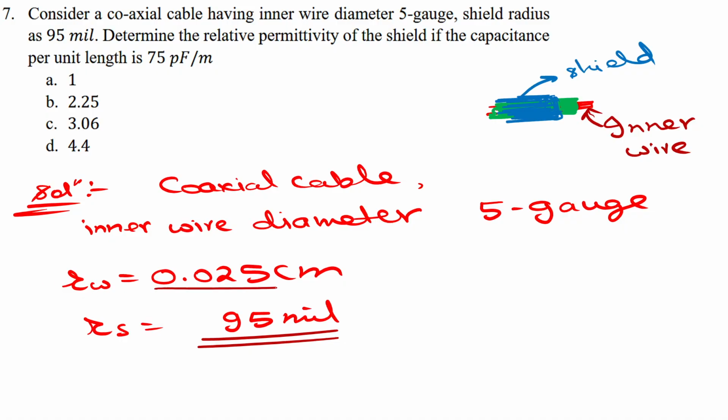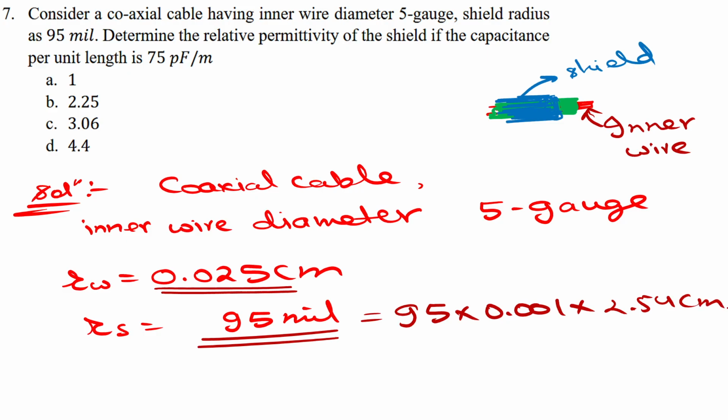So the shield radius is given as 95 mils, and the radius of the inner wire is denoted as Rw, which we are taking as 0.025 centimeters. We know this 95 mil we can write as 95 into 0.001 into 2.54 centimeters.